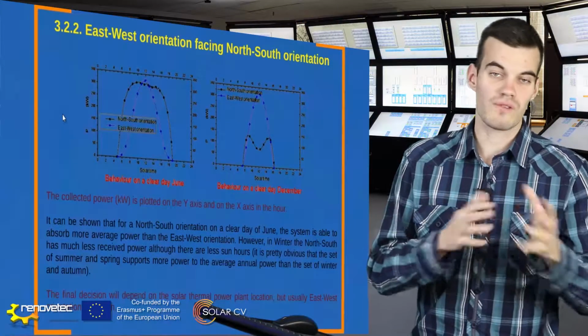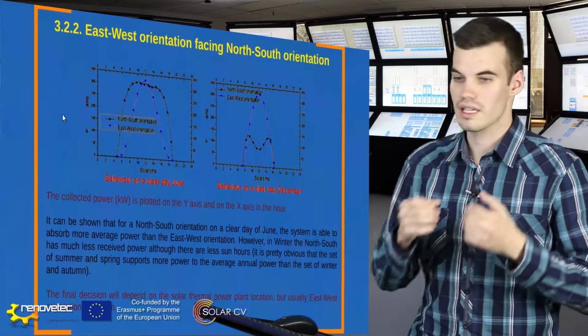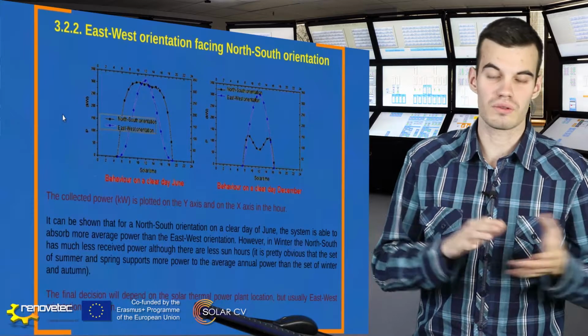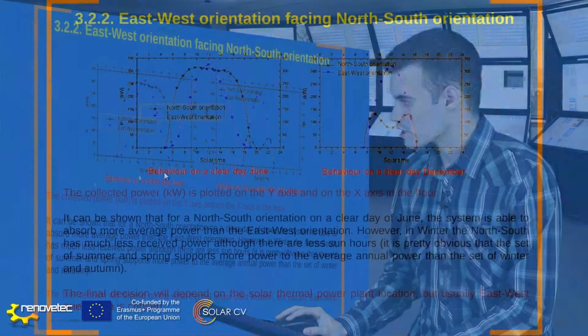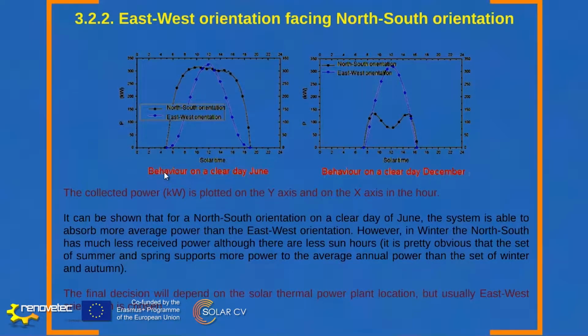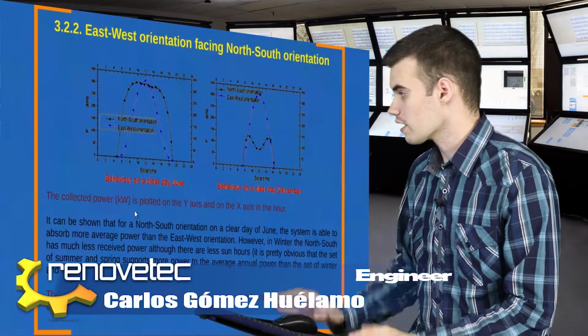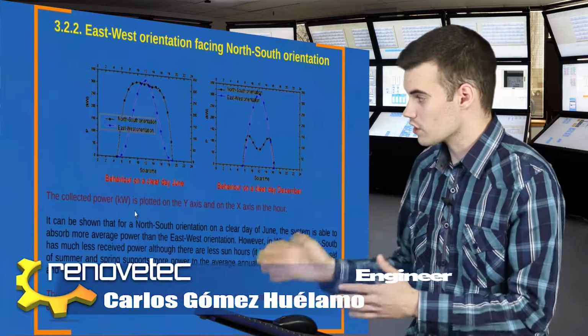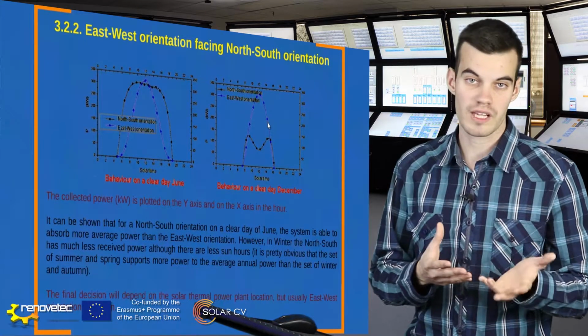However, we have got east-west orientation and north-south orientation, but which system must be used? It depends on our purposes. We can see here the behavior on a clear day of June: with the north-south orientation, the system is able to absorb more average power than the east-west orientation. However, in December it is the opposite. The east-west orientation is able to absorb more average power.